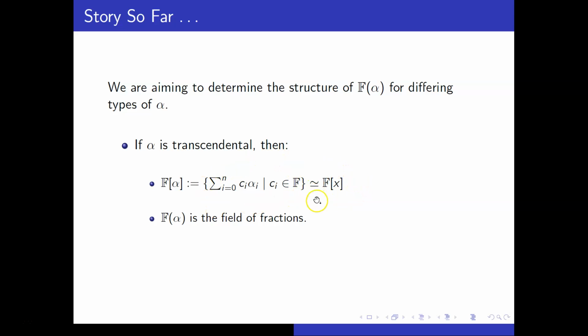It'll be an integral domain, and it's isomorphic to the polynomial ring. But since it is an integral domain, it has a field of fractions, and so F adjoined alpha, the smallest field containing both F and alpha, is that field of fractions. This is the so-called field of rational functions.